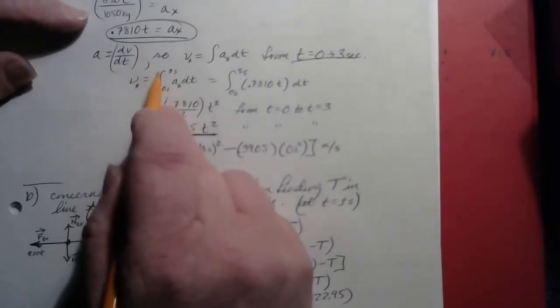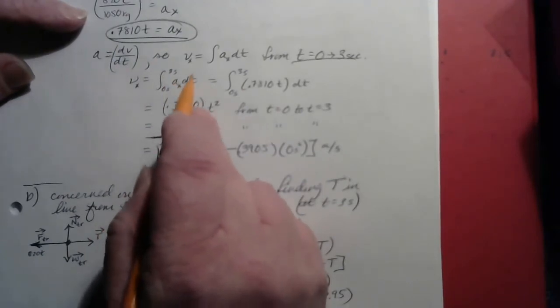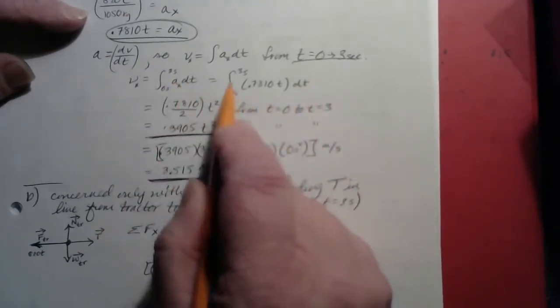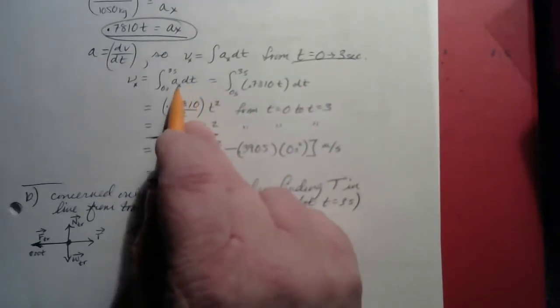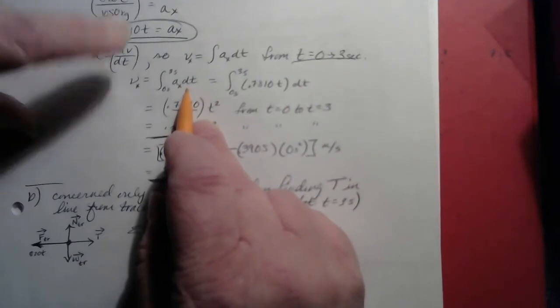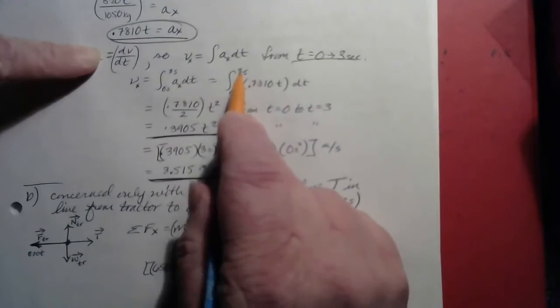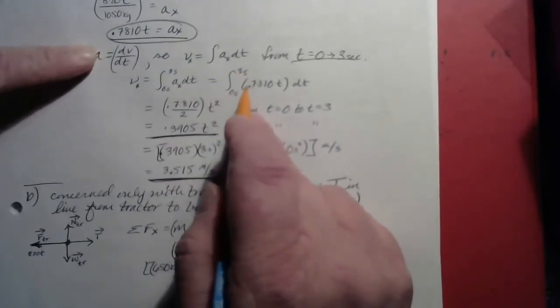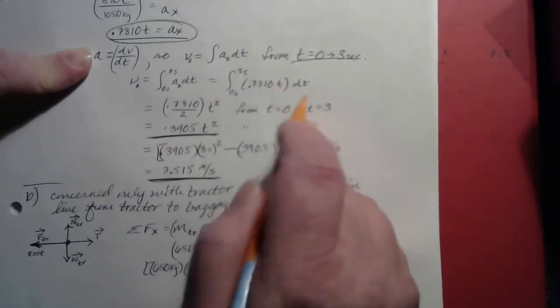Another way of writing this is v_x equals the integral from 0 seconds to 3 seconds of a_x dt. And if we're going to take the integral of acceleration with respect to time, that's what dt means, then we're going to have to get acceleration in terms of time, which we just did. So that's the integral from 0 to 3 seconds of 0.7810 t times dt.